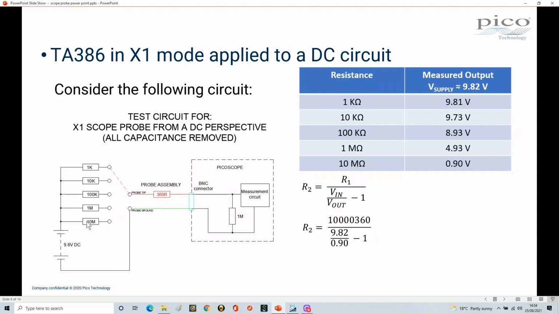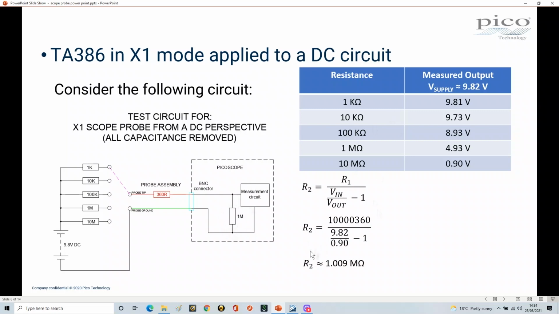So I'm going to take the 10 meg resistor, plus the 360 ohms that we've got in here, divided by our voltage supply, which is 9.82, divided by the output voltage at 10 megs, which is 0.9, minus 1, and that gives us approximately 1.009 megohms, which is really good because that's what's inside the picoscope.